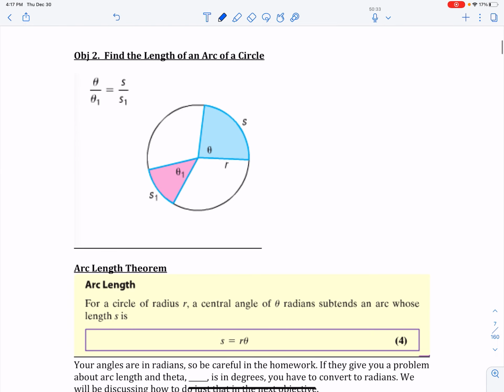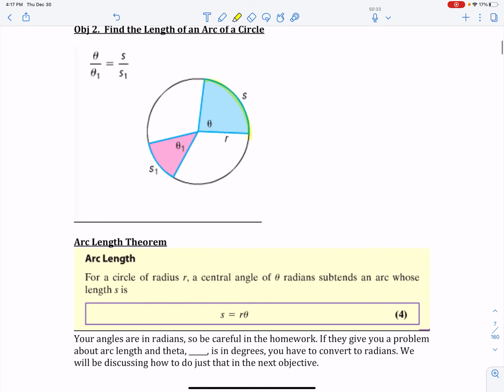So objective number 2, find the length of an arc of a circle. What we're looking for is how long this piece S is. There's an arc length theorem that gives this formula: S equals the radius times the angle.